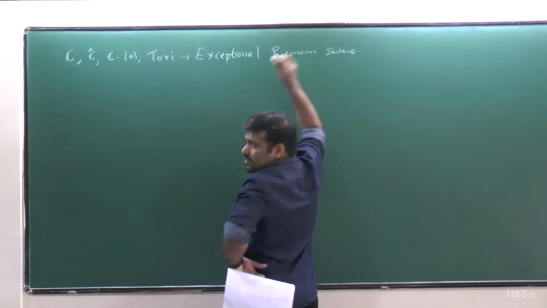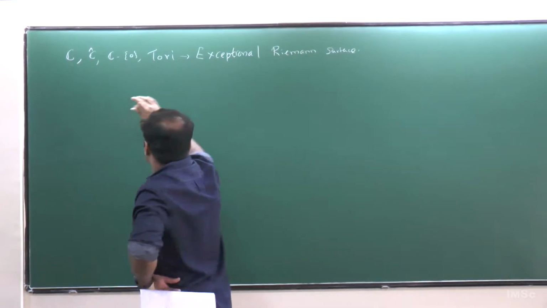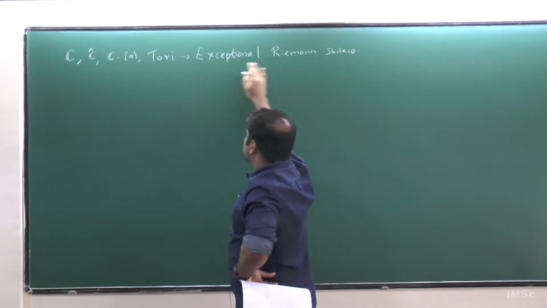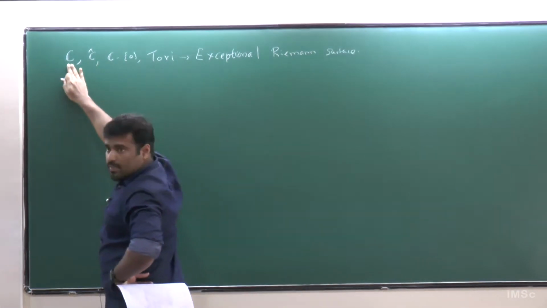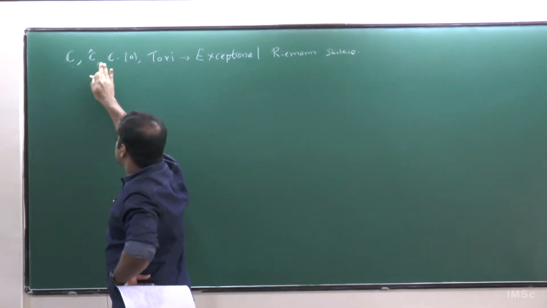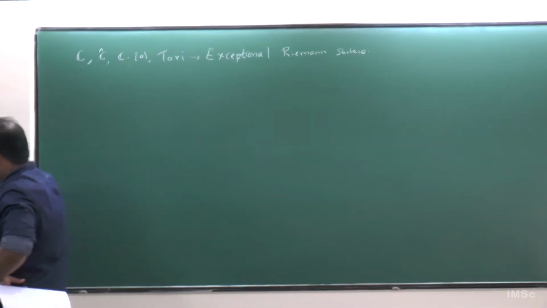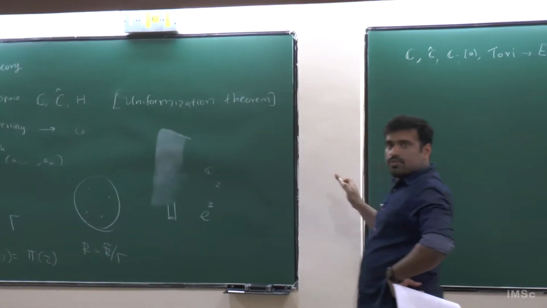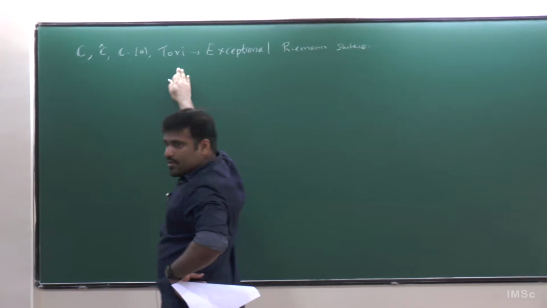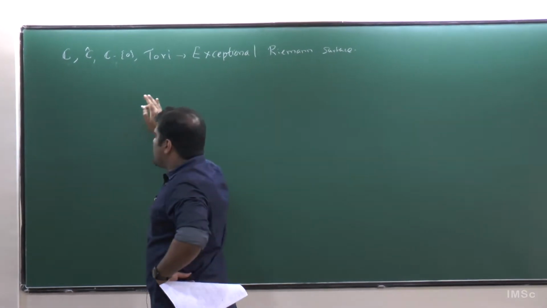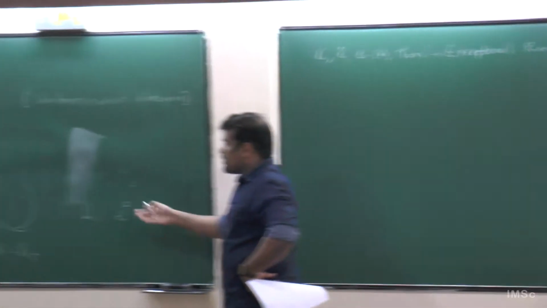It's just nomenclature. I want to look into Riemann surfaces that are not exceptional, because C is simply connected, C hat is simply connected, C minus 0 can be obtained from the complex plane by using the e raised to C map, and tori can be obtained from the complex plane by moding out with a lattice group.